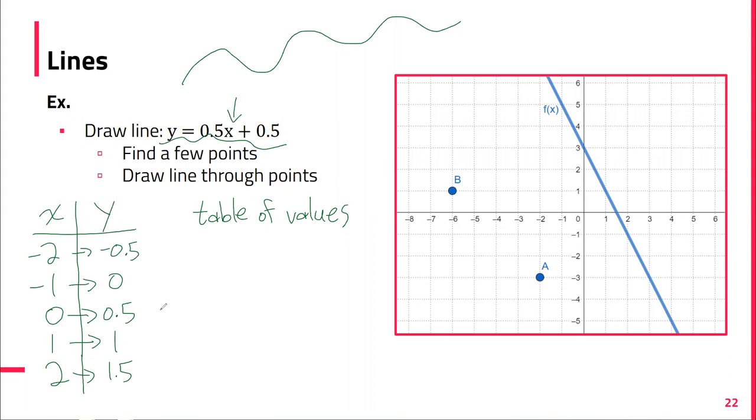So this is the approach here. Once we do maybe 3 of these, we can see the pattern and we don't have to manually calculate all the other ones. So table of values, and each of these is a point. These are coordinates, so 0, 0.5, and we just draw those points on our graph. 0, 0.5, so that's a point here, and we draw the other ones.